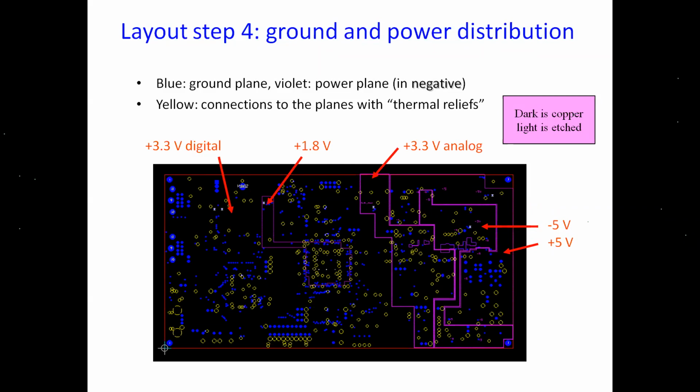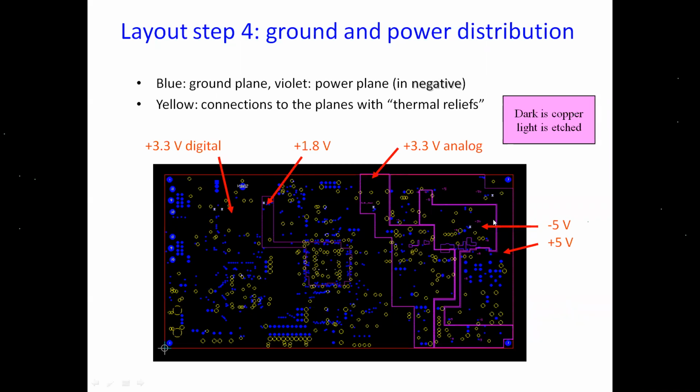To address those in the PCB, we can have an option of power planes. A power plane is nothing but a copper pour, which can be connected to a particular ground or power, for example 3.3 volt or 1.8 volt.